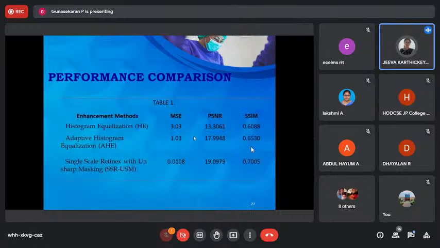Similarly for the PSNR parameter, our proposed method gives higher values compared to the existing methods. And for the third parameter SSIM, our proposed method is 0.7005, nearer to 1 compared to the histogram and AHE. So for both qualitative and quantitative, the proposed method SSR USM provides better contrast and structural similarity values.